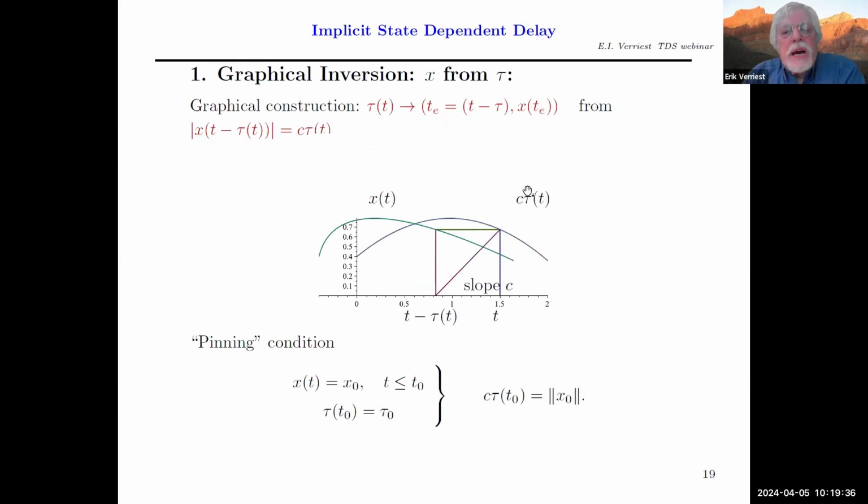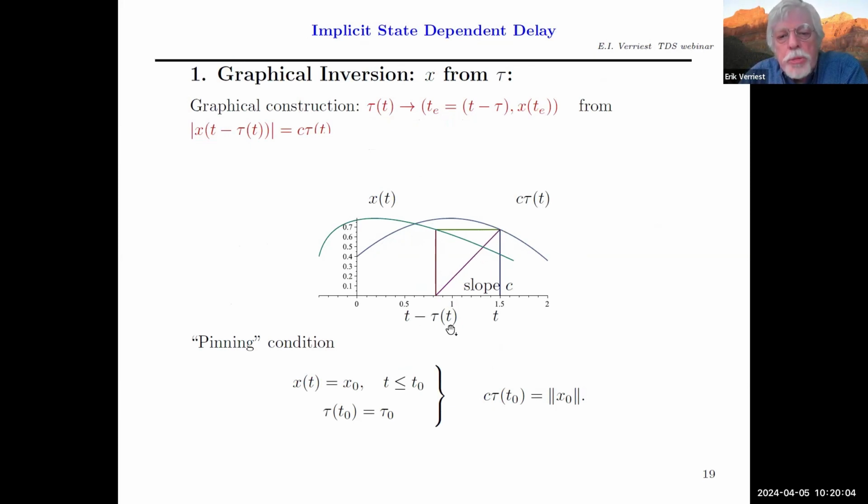Okay, so how can we now invert this or solve such an implicit equation? Well, as I said, we assume that τ is available. So here I take c times τ. And from this value of cτ, we can just do a simple geometric construction. So we come down with slope c from the observed point.